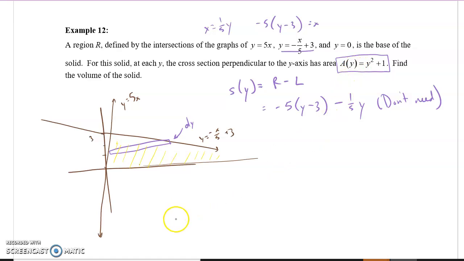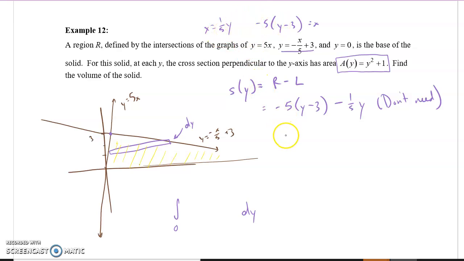The only thing we need to do is integrate this from, well, this is in terms of y. So we're starting with a y value of 0 going up to a y value of, I don't know. We're going to have to figure that out. So we can set these two things equal to each other to solve for y.